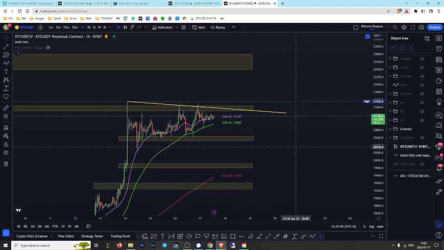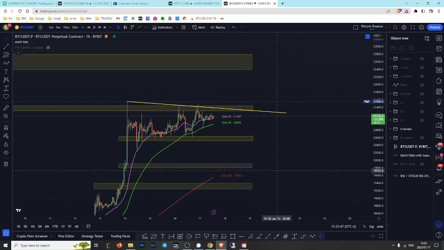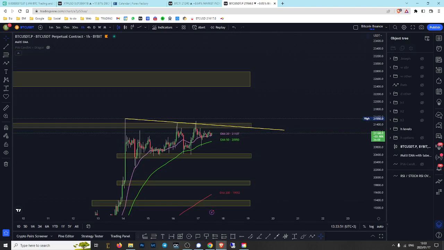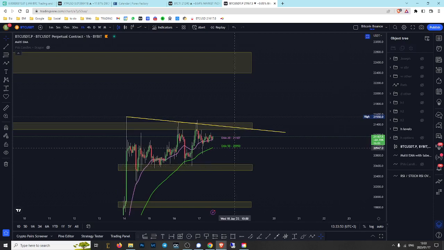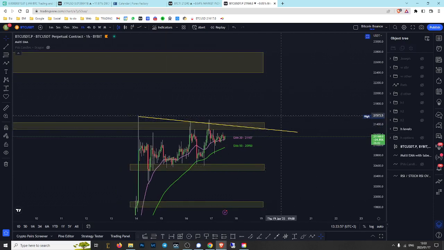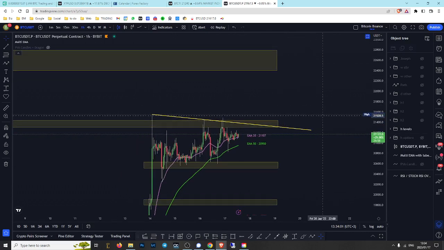So on the 1 hour, this is the trade that I would be wanting to take, if we break down under the 50. But if we, with the news, go to the upside, we've got this line. Yeah, I did a video earlier today that you can have a look at where we did the markup of this chart.